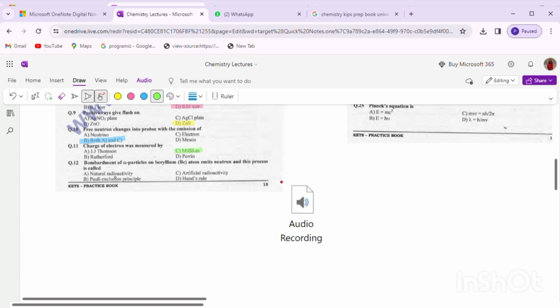Thus in the end the neutron is emitted out, right? So this is artificial radioactivity. If you read the B option, Pauli exclusion, of course this would not be here, this would be in the quantum numbers, right? Hund's rule, this would be in the quantum number as well, means electronic configuration, right?